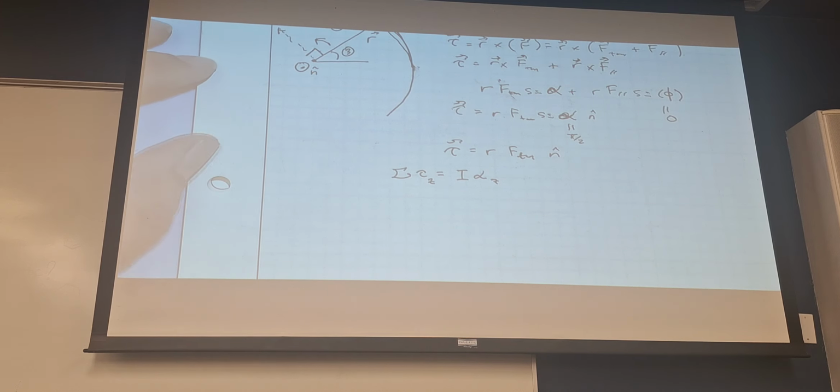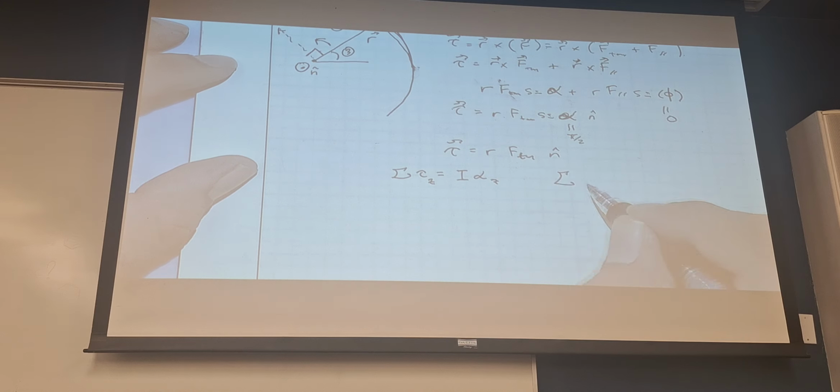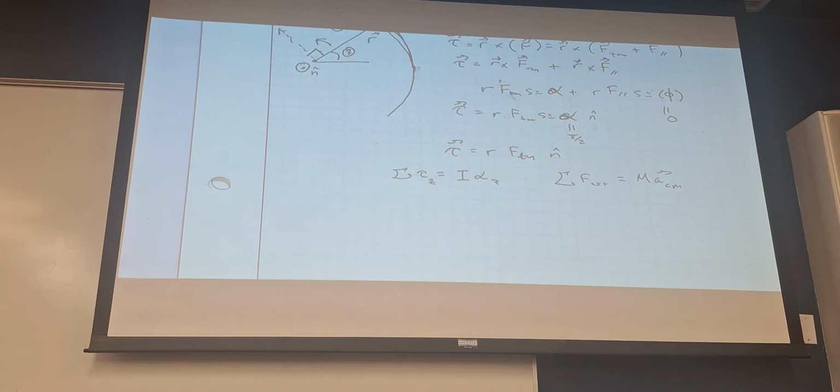And Z could be any direction that you define. Your book wants to point out relationships or similarities, so this is very similar to F external equals the mass times the acceleration. We're going to see a lot of these similarities.